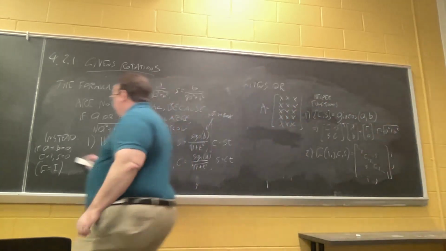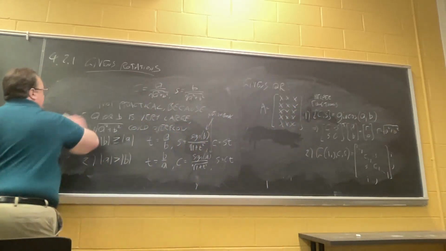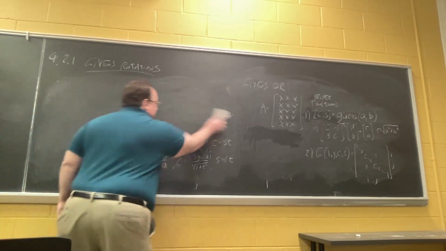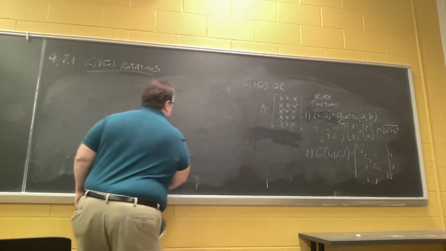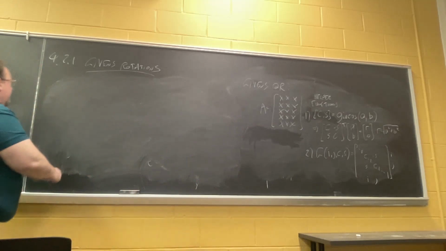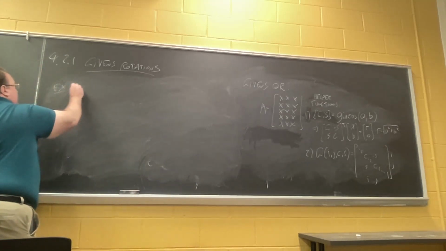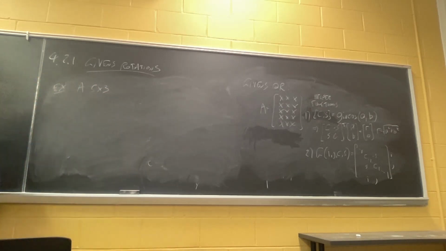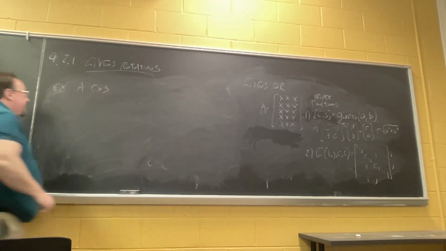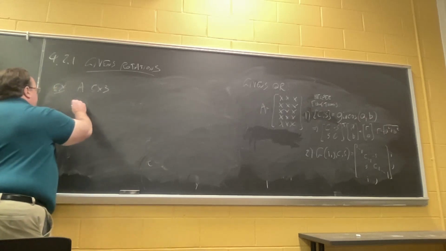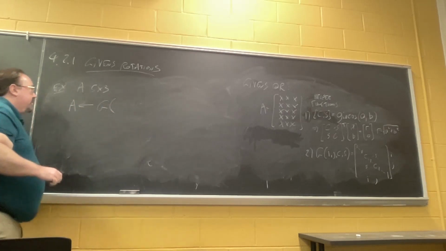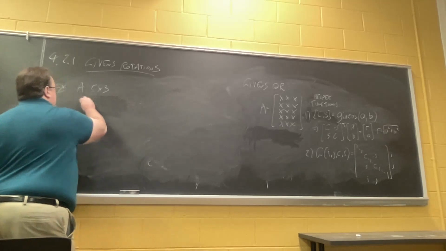So using that notation, I can describe how you do Givens QR on this example. If A is 5 by 3, that I've written over there, you overwrite A with the first rotation.